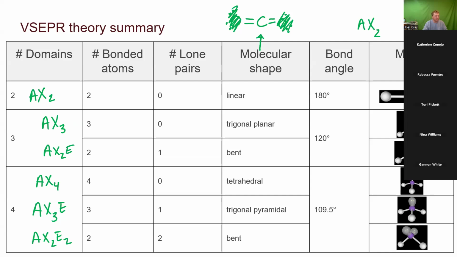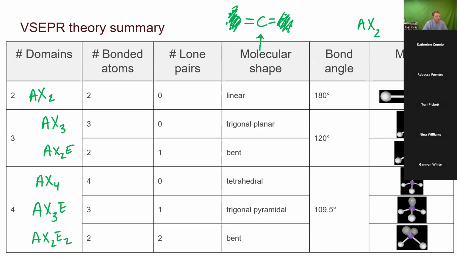We just look at how many bonds are coming off of it and how many lone pairs of electrons are on that central atom. Can everyone give me a Y or an N if they follow how CO2 gets AX2?